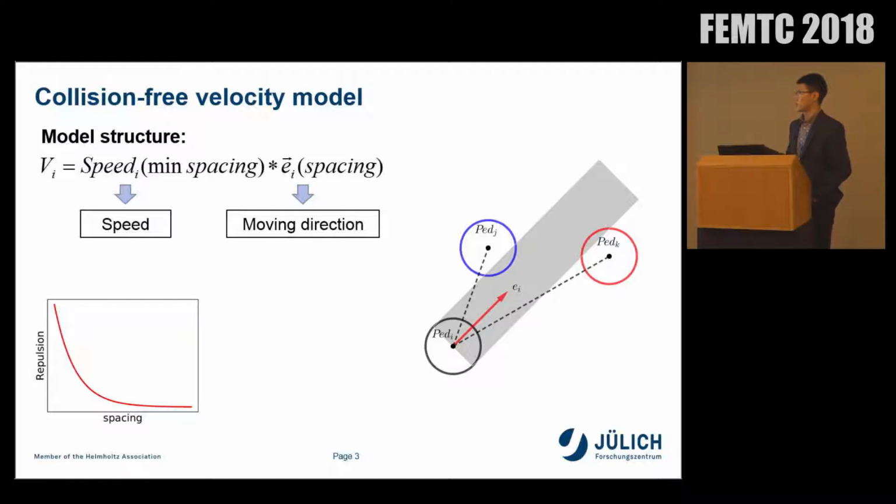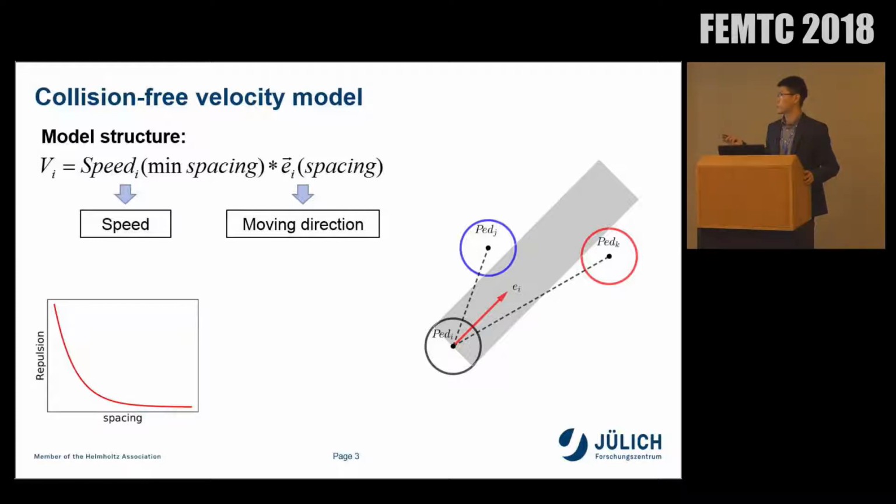The direction of this area is the moving direction, and the length and width of this area is the diameter of the circle. All the neighbors in contact with this gray area will influence the speed of the pedestrian. So in this case, pedestrians J and K both influence pedestrian I's speed.